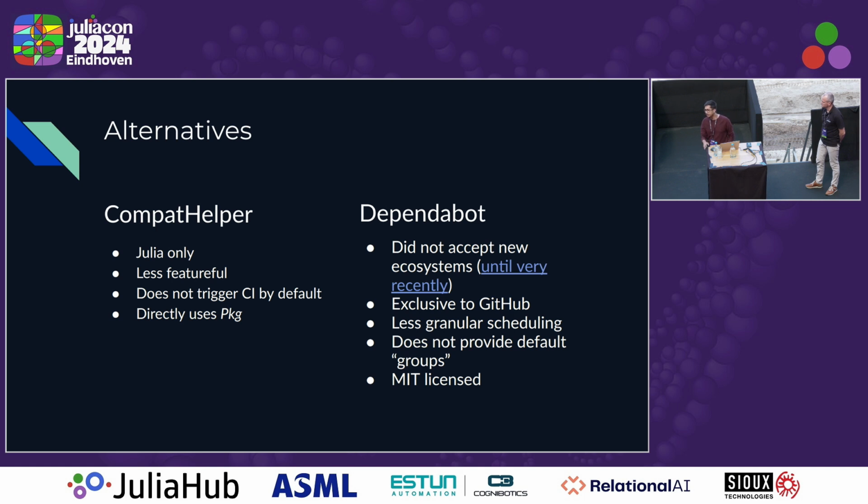I mean, you could argue that it's a language level thing and that you might run into it with Renovate as well. But with Renovate, you at least have the primitives that are necessary to get something like that in place, and it's not as much of a lift. CompatHelper also directly uses Pkg. Our Renovate configuration that we're going to be demoing right now doesn't directly use Pkg, but we estimate that at some point it will. And we'll also get to that later part in the talk.